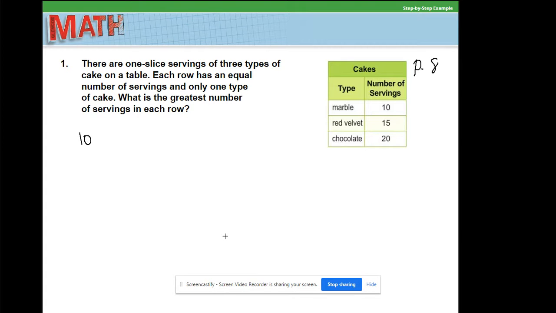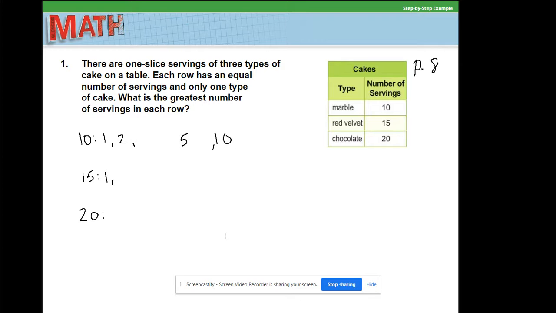So how we're going to do that is we're going to take 10, 15, and 20. What we're going to do is list out what times what equals 10. So 1 times 10 is 10. 2 times 5 is 10. Doing the same thing with 15: what times what is 15?